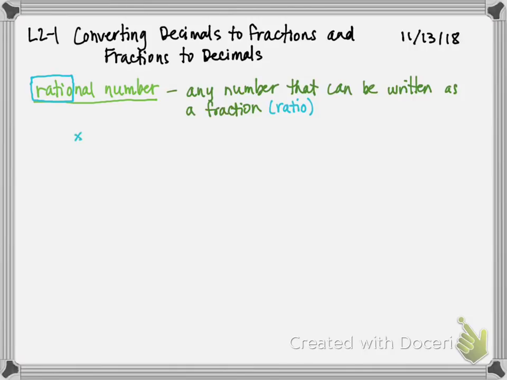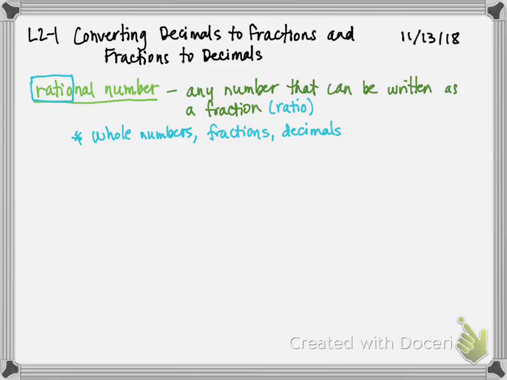So this goes for whole numbers, fractions, and decimals. When I talk about fractions, I'm talking about proper fractions, improper fractions, and mixed numbers, which are all included under fractions. So pretty much every number that you've studied is considered a rational number.